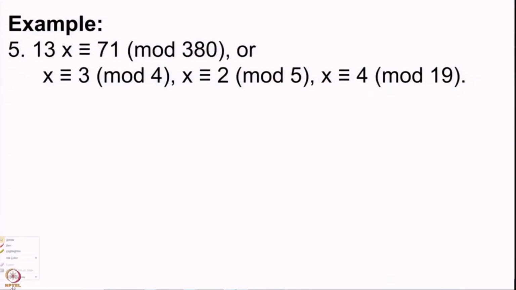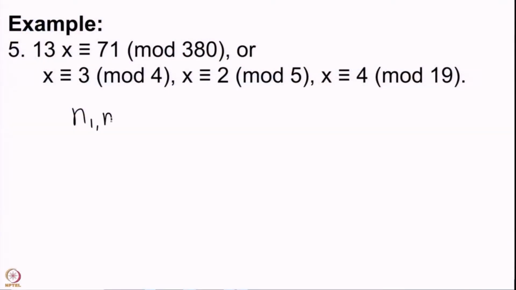This is the system of simultaneous linear congruences that we would like to solve, and the method is the same. We compute n1, n2, n3, a1, a2, a3, c1, c2, c3, k1, k2, k3, which allow us to compute x1, x2, x3, and then we take the summation of ai xi to obtain the solution.